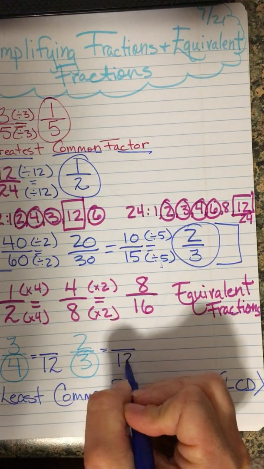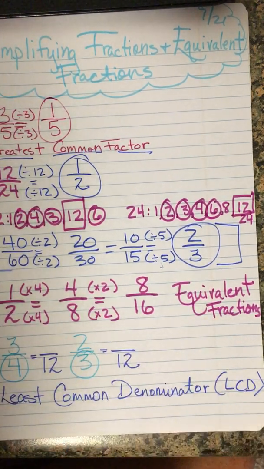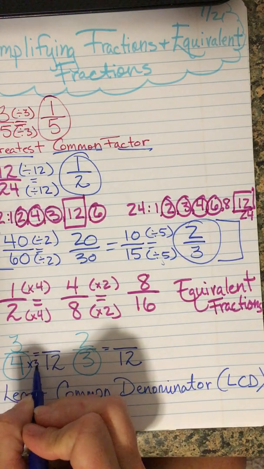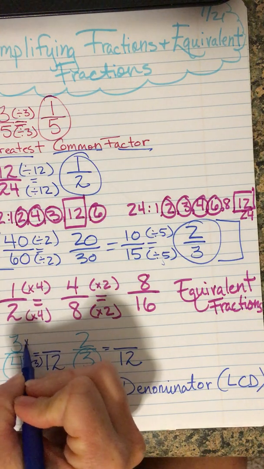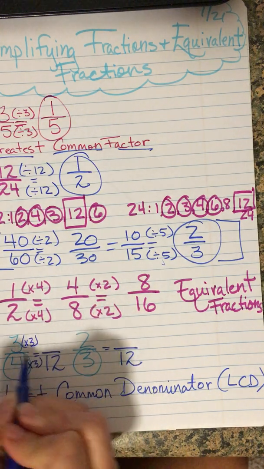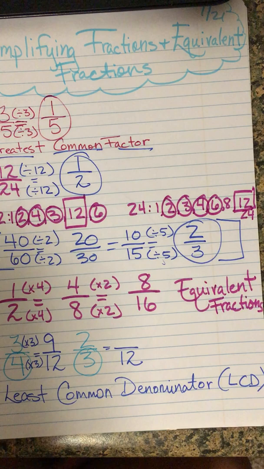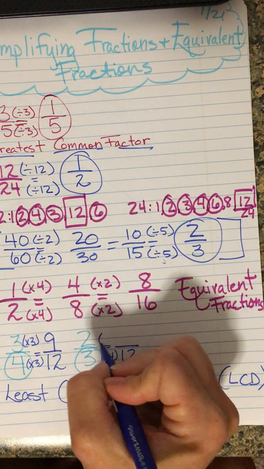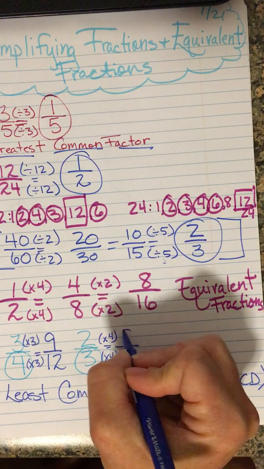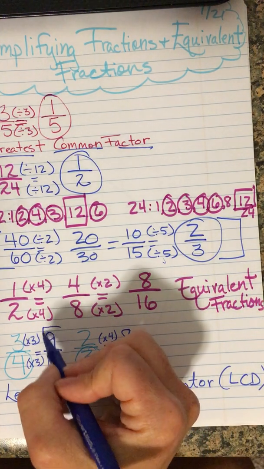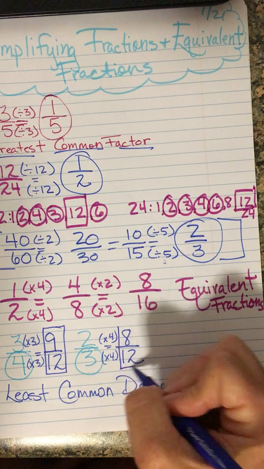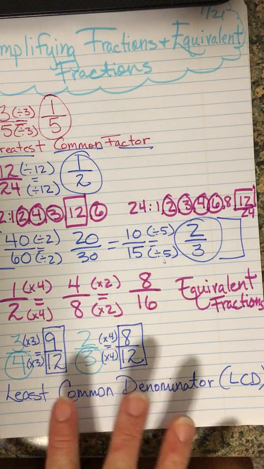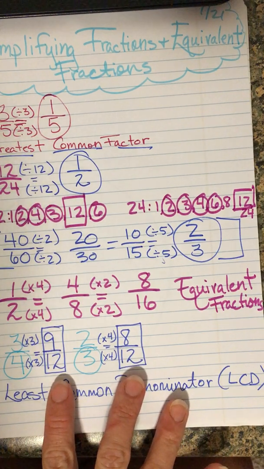So your least common denominator for 3/4 and 2/3 is going to be 12ths. I know that 4 times 3 is 12, so now I will multiply the numerator by 3 to create 9/12. 3 times 4 is 12, so now I'm going to multiply 2 times 4 and get 8/12. So now I have two fractions that are the same size pieces. They're both 12ths. And starting tomorrow, we're going to be adding these together.